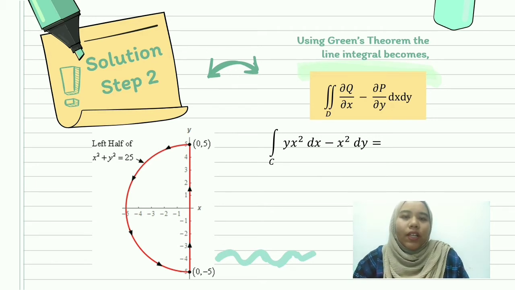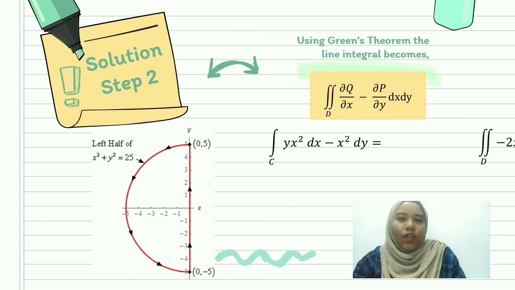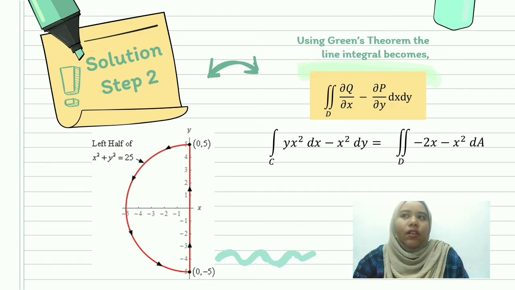We have to convert it to the Green's theorem formula, which is the double integral. After we convert, we get the double integral over D of negative 2x minus x squared dA. The dA represents the area, so we can write it as dy dx or dx dy.